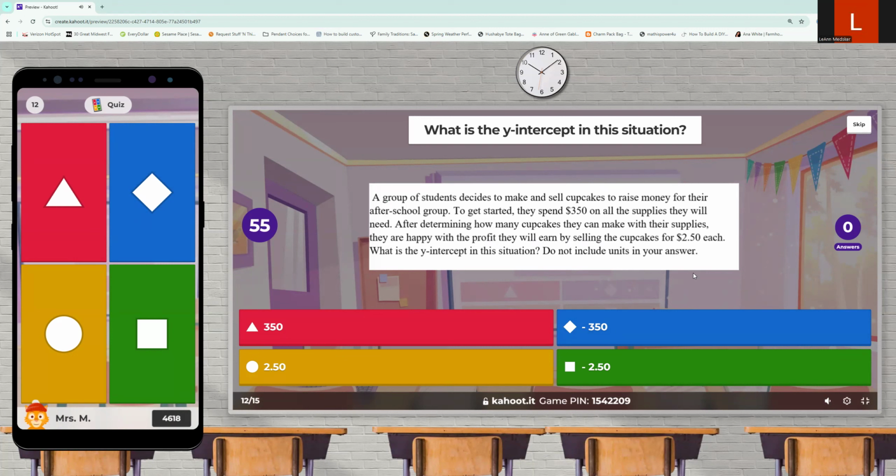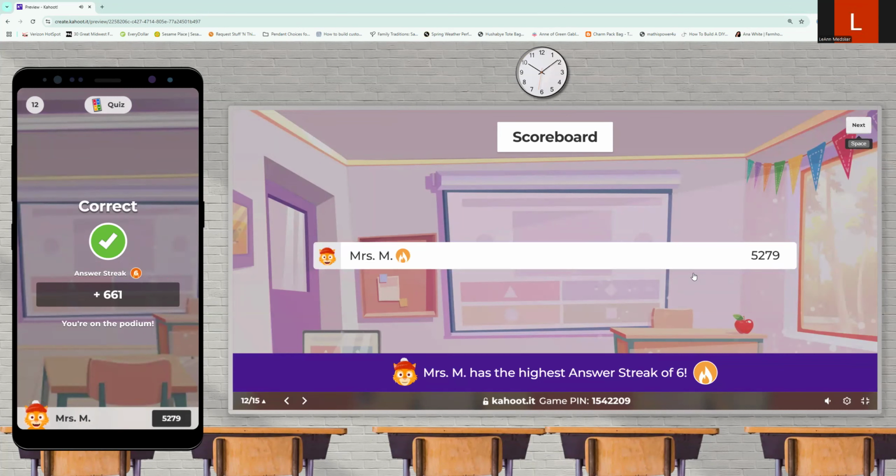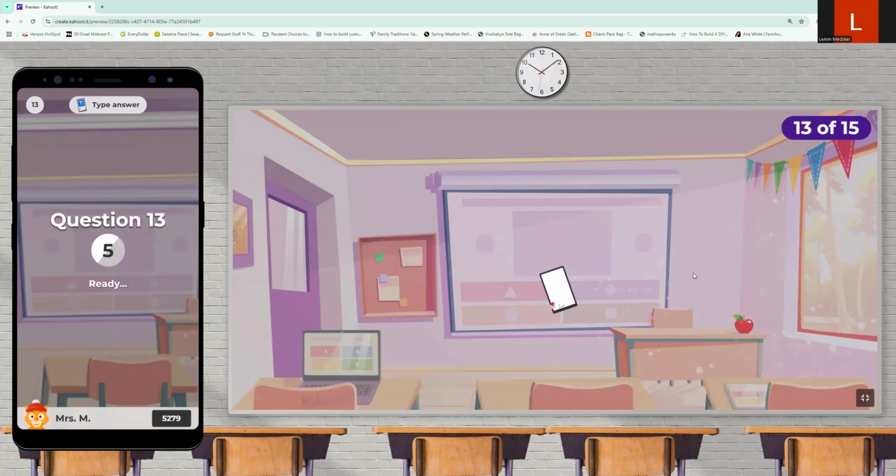They are going to have a positive slope because every cupcake they sell is $2.50 that they're going to make back, but they have to make back all that money to pay off that debt first. So the y-intercept is negative in that scenario because it's a profit that they were measuring, not just here's your money.